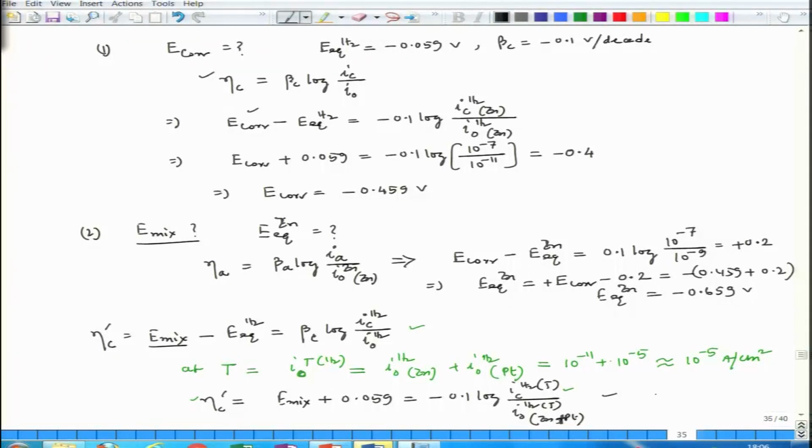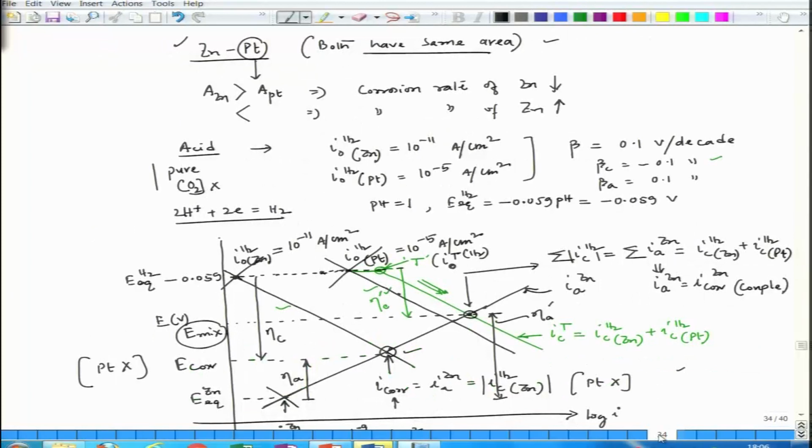Now, this is equation 1, and let me find out one more equation.